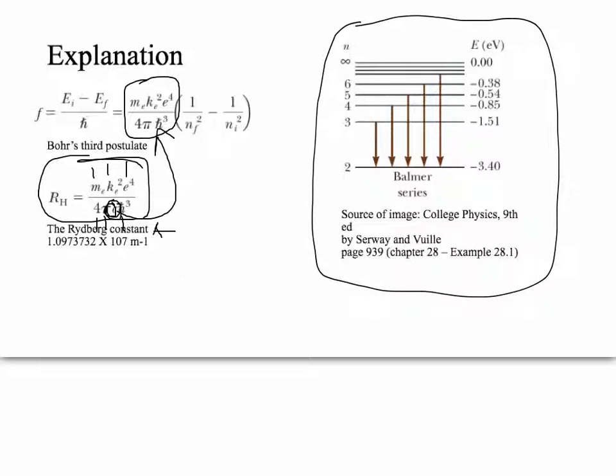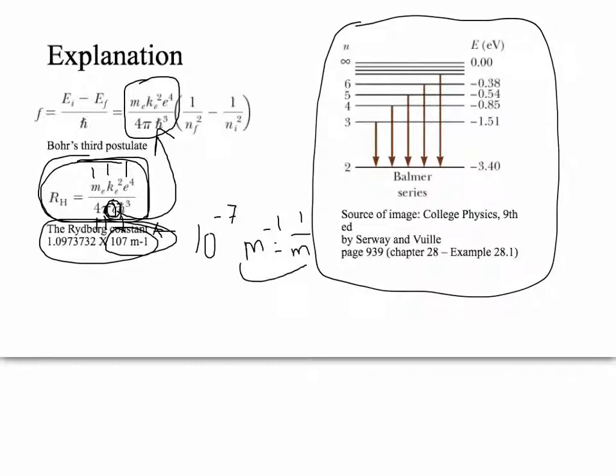All of these variables, for hydrogen, end up being a constant number, and so for hydrogen, the Rydberg constant is 1.097 times 10 to the 7th meters to the negative 1. So that's 10 to the 7th, and the units are meters to the negative 1, which is the same as 1 over meters.